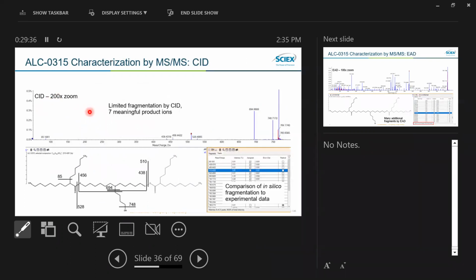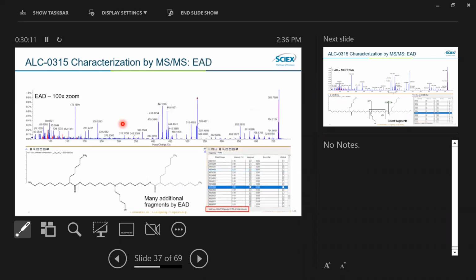This is a CID mass spectrum of the ALC0315 component. Again, CID just doesn't fragment lipids very well. From this data, we only see about 7 meaningful product ions. So we do get some structural information, but it's hard to draw a complete picture with CID information alone.